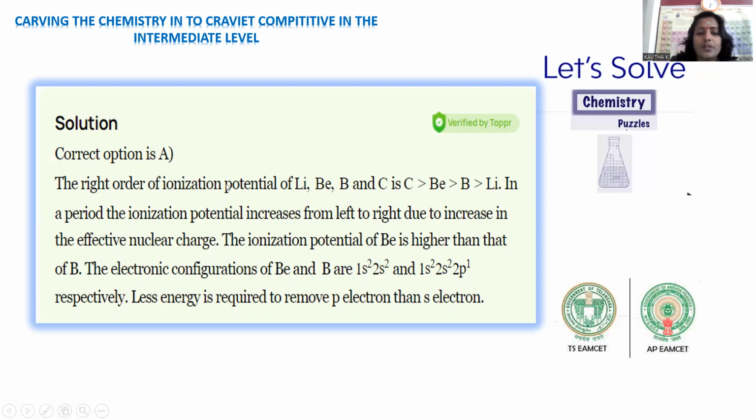What is ionization potential? The amount of energy required to remove the electron from the gaseous atom, right? Let me repeat. The amount of energy required in order to remove the electron from the gaseous atom. Here, to remove the electron from this completely filled system is very difficult, so we have to expend a lot of energy.